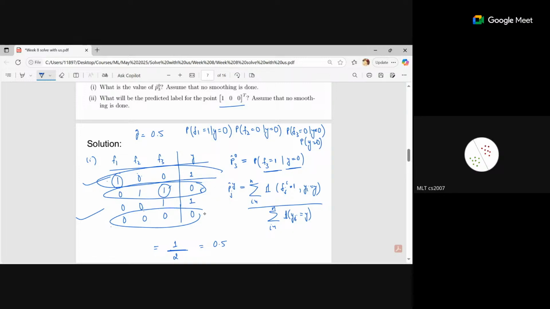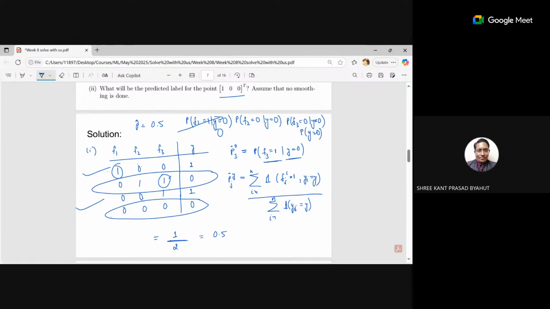Now you have to look at y is equal to 0. For y is equal to 0, f1 equal to 1, you don't have it, right? So this is going to be straight 0. If this is 0, the whole thing basically is 0. As soon as we get the zero value, we don't need to compute anything, because it's just multiplication, so it will just get cancelled out.